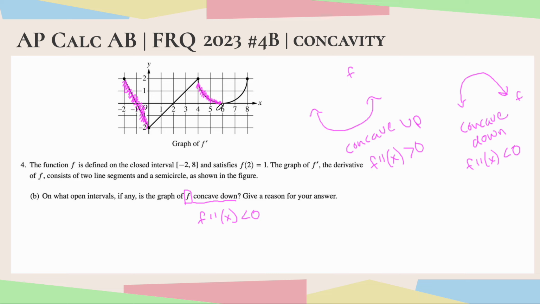I know I'm repeating that a lot, but it's a lot of different concepts to tie together, and they're all very important. So now what we would say is f is concave down on the interval from -2 to 0, and the interval from 4 to 6.